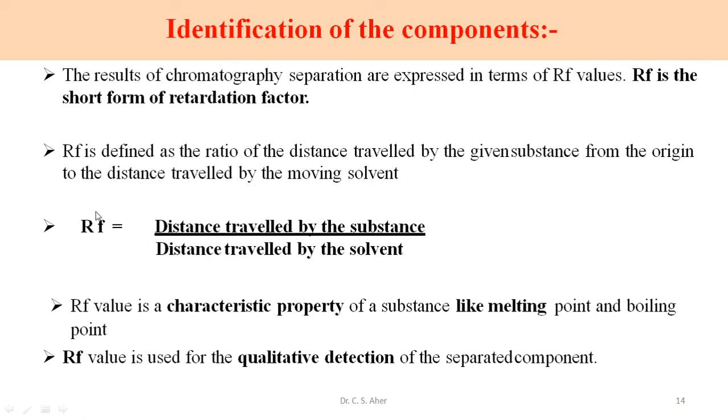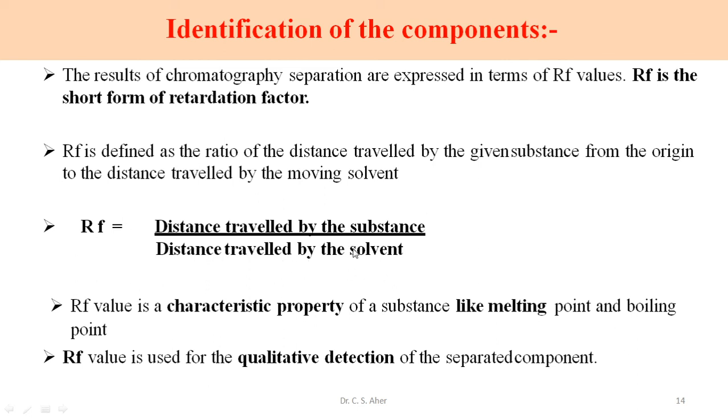See, the retardation factor is calculated from the distance traveled by the substance, that is, how far the spot moves on the paper from the baseline. The second is the distance traveled by the solvent, the maximum distance the solvent moves from the baseline on the paper.